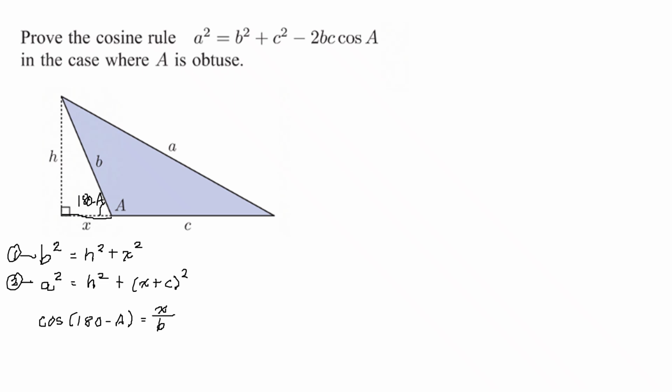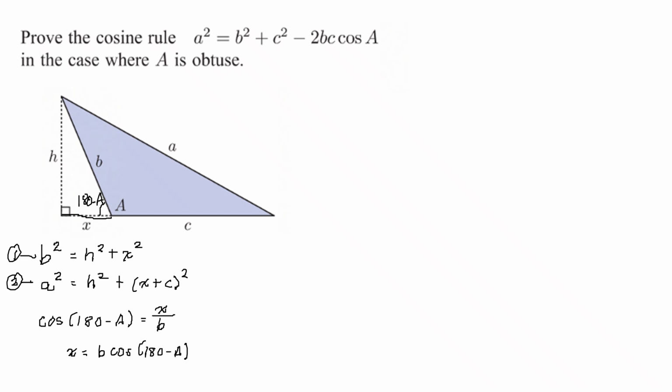So we can say that x is equal to b cosine 180 minus A. But we also know the concept of the supplementary angles of cosine, because I just want to adjust this equation to a simpler one.